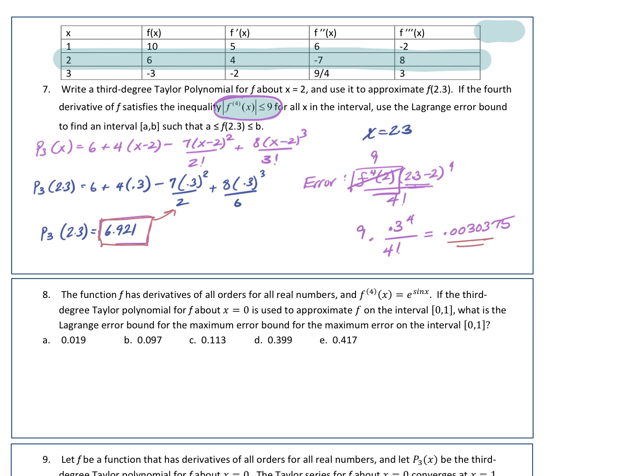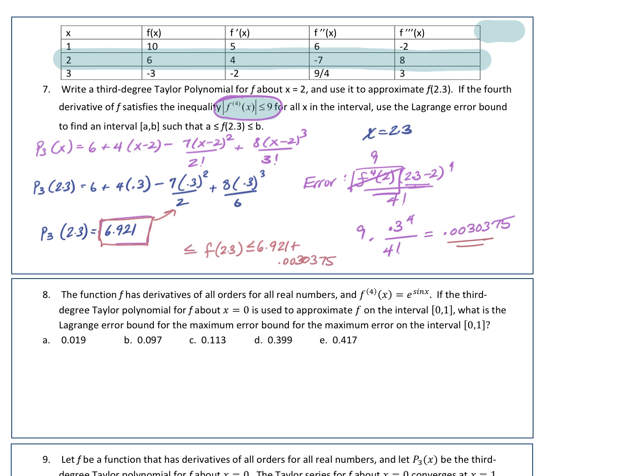So the actual value of the function, f of 2.3, is going to be less than or equal to 6.921 plus the 0.0030375.